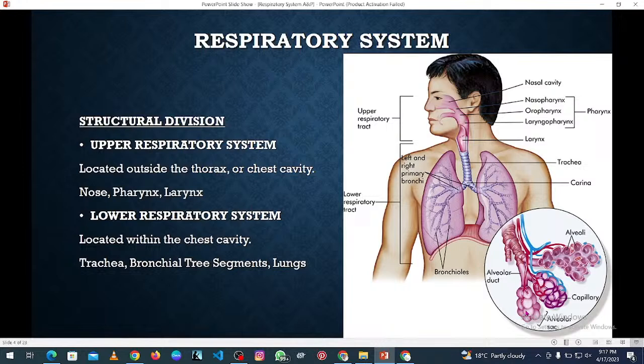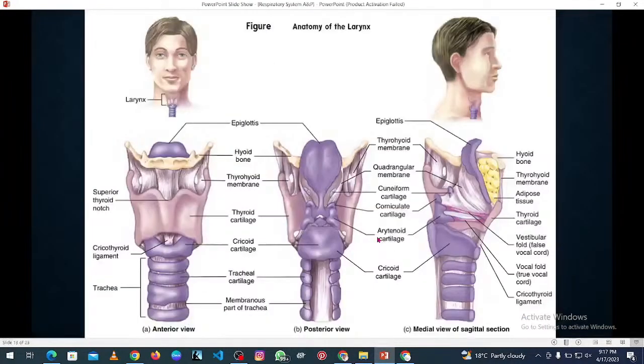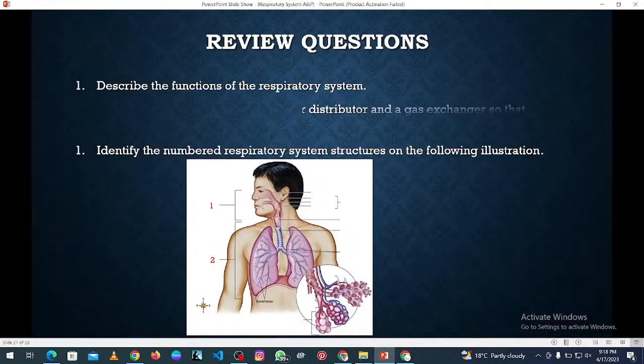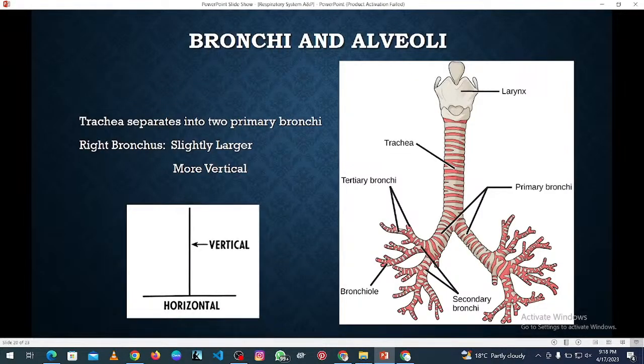That is a group of alveoli; when grouped together, they make the alveolar sac. This is the alveoli. So that is the passage that air takes all the way to the respiratory system.